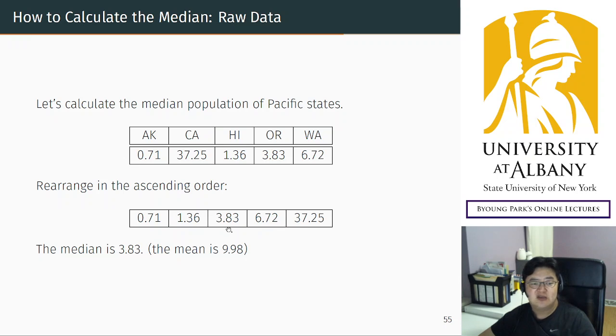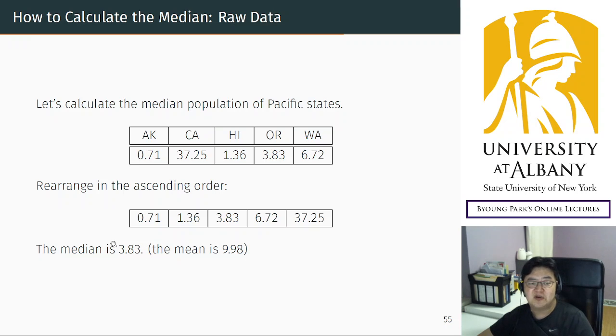To find it, you have to order them in some order. Or you may just put it like this: smallest, second smallest, third smallest. This is the median. Or largest, second largest, third largest. This is the median, right? The median is therefore 3.83 million.